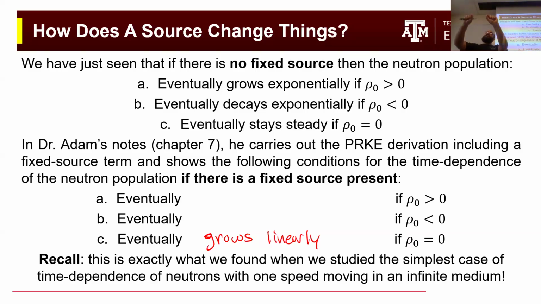Which one's going to grow faster, or dominate the form of your solution if you were graphing it? Exponential, right? So if you have a fixed source present but a positive reactivity insertion, the system's going to blow up exponentially. The source adds to that, but the overall behavior is not going to change. It's still going to be exponential.